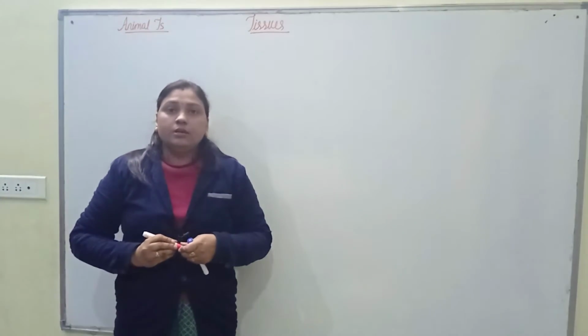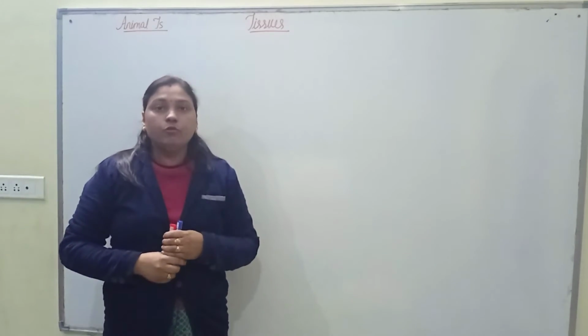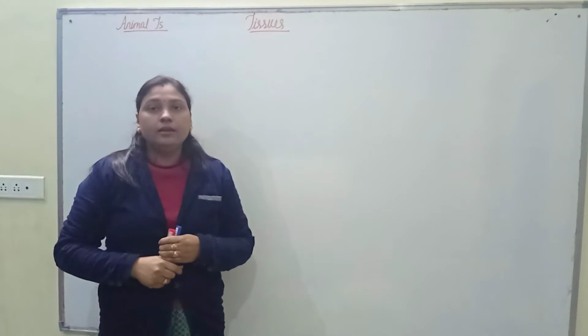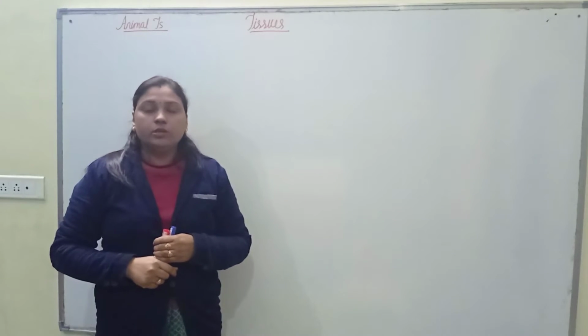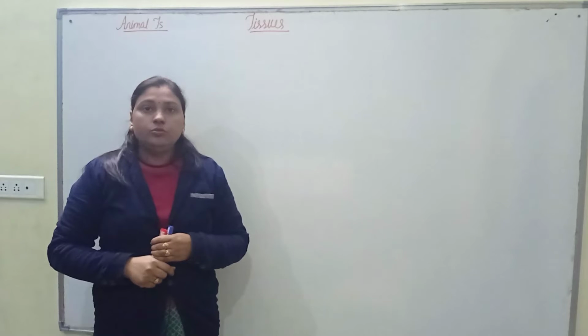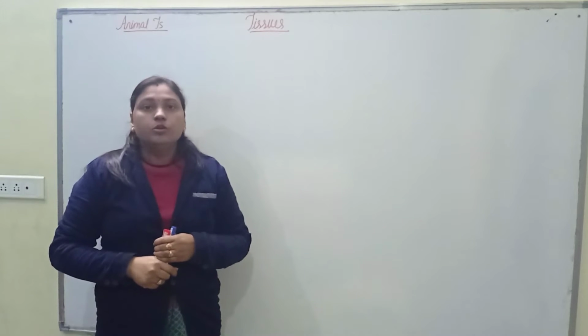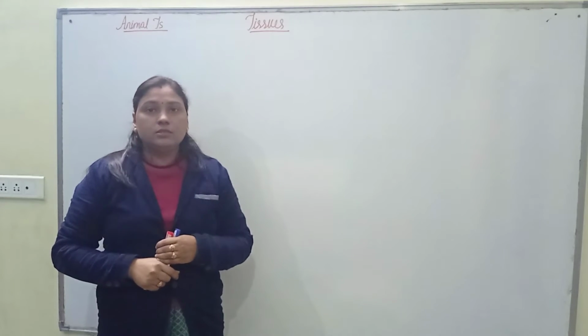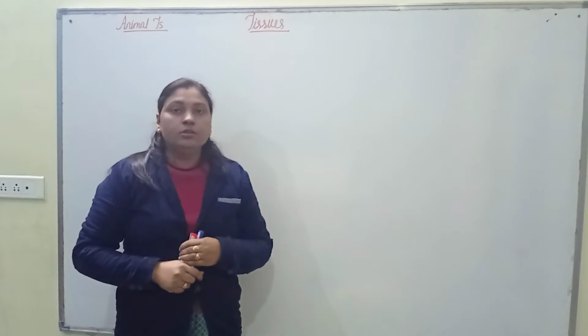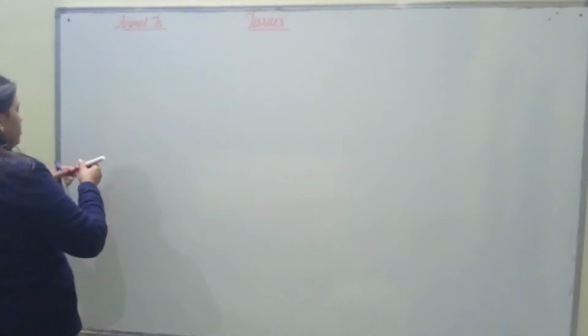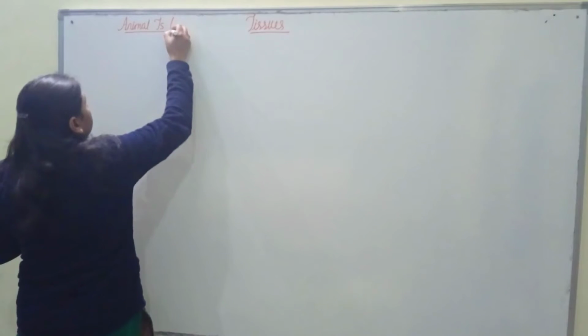Animal tissues are broadly categorized into 4 types, and they are epithelial tissue, muscular tissue, nervous tissue and connective tissue. So in very short we will discuss the differentiating features. So let's start. There are 4 types.